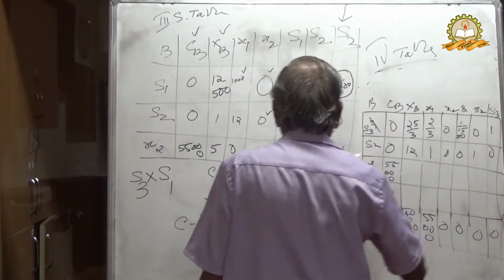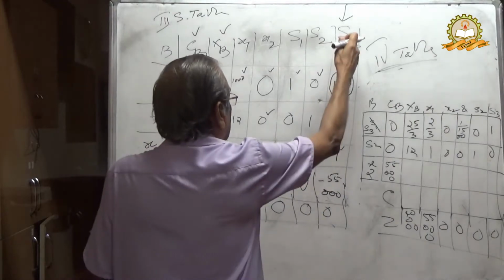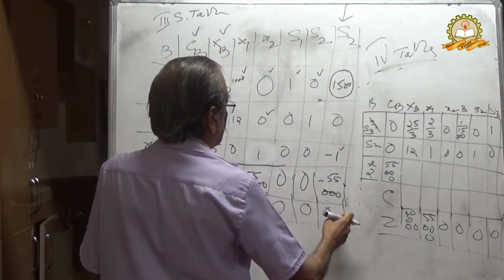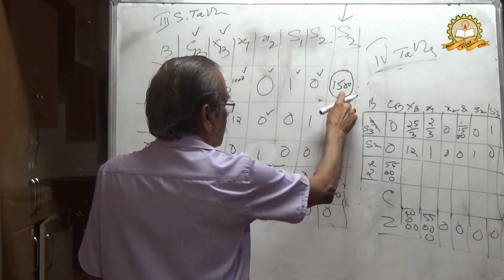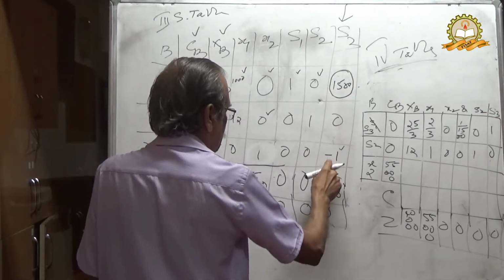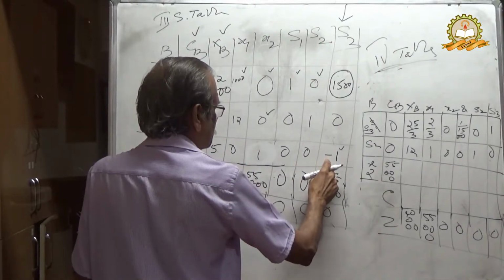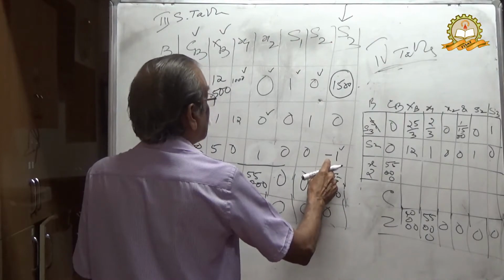Therefore, under the S3 column, that is the pivot column, already you have made it into 1. Here it is 0, here you have to make this into 0. That is, the R3 row has to be made 0 under S3.